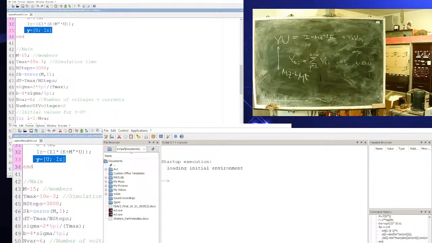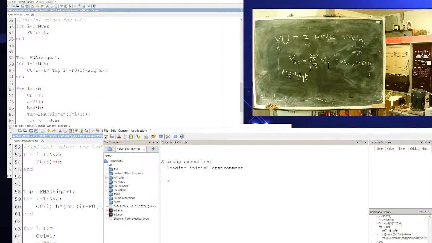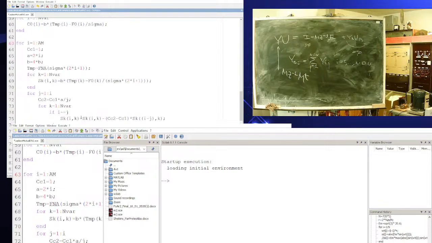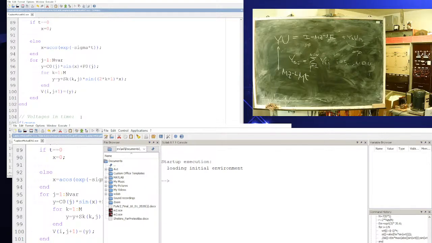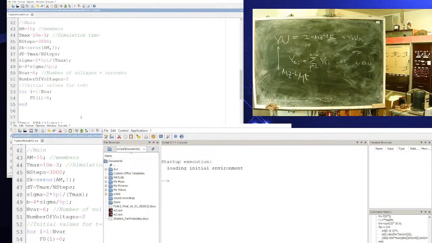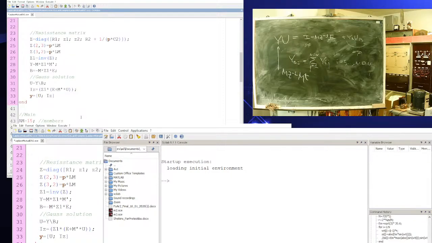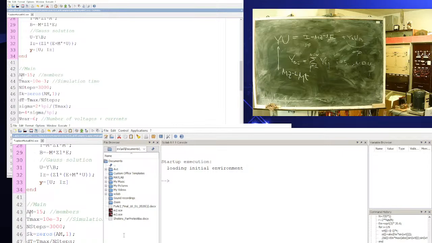Not to confuse with network matrix, I will switch from M to AM.